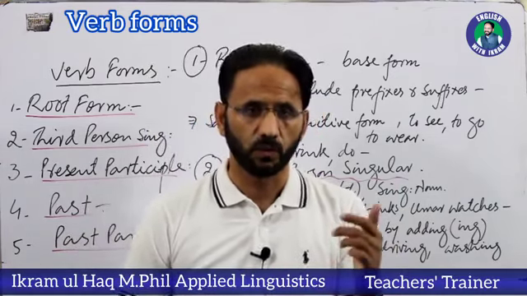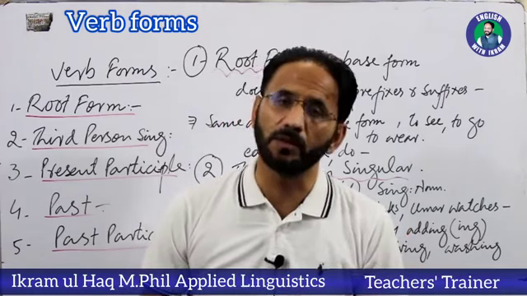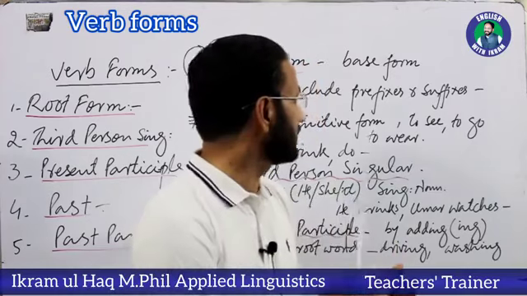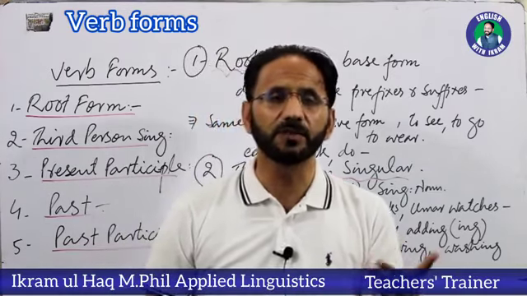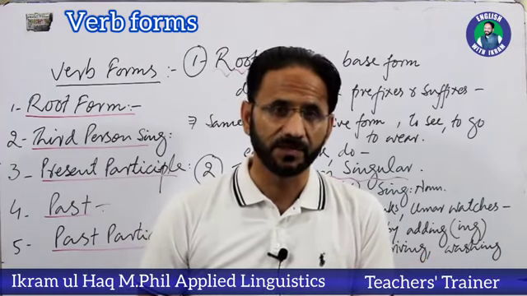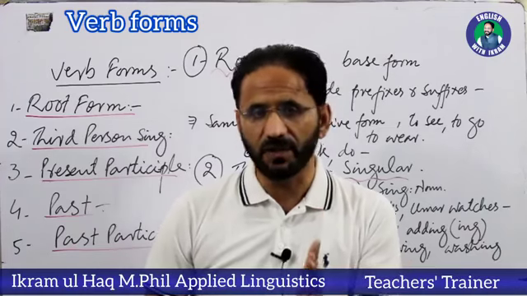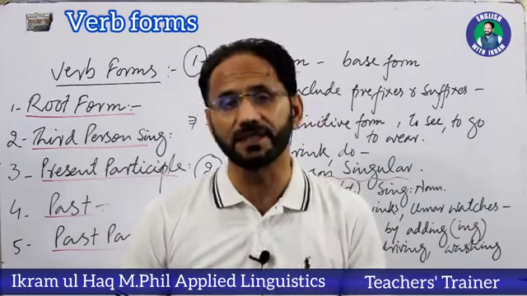Drink, wash, wear. And this root form of the verb is the same as that of infinitive form. What is infinitive? For example, to wear, to do, to wash, to sing, to dance. So, base form or root form of the verb is the same as that of infinitive.